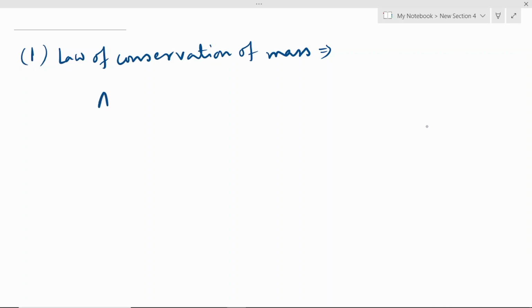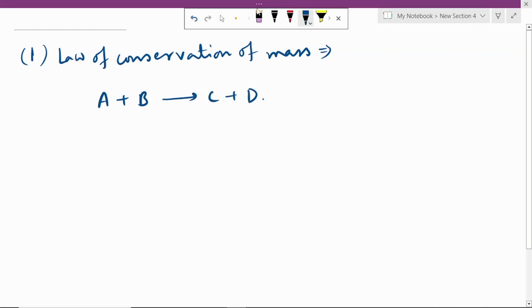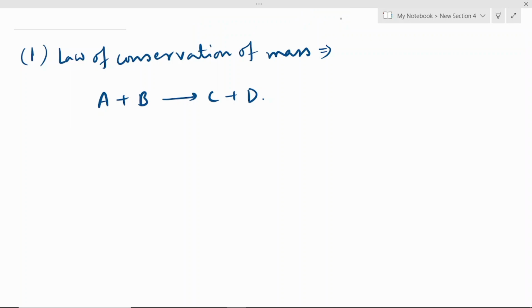Suppose A plus B react to give C plus D as products. These are reactants and these are products.